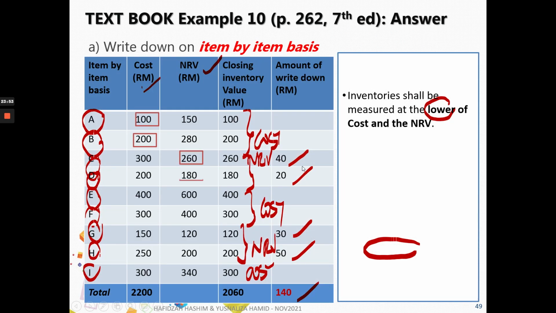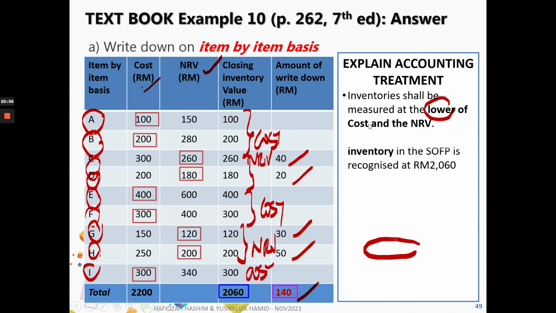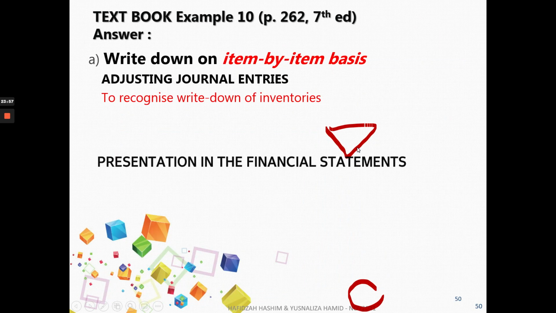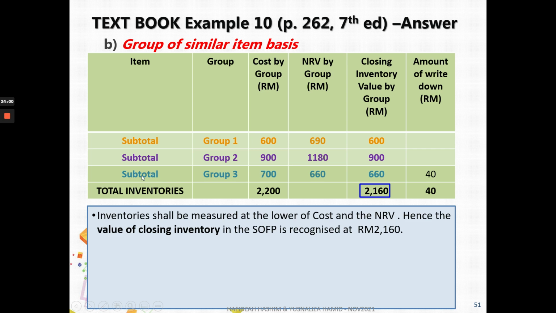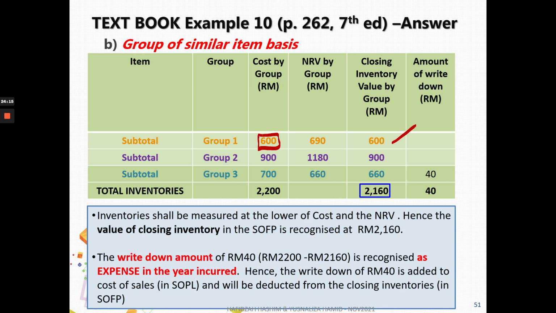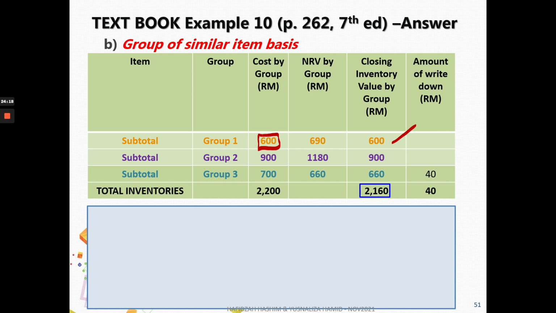After you have done that, we are going to compare. You're not going to compare each item, but you're going to compare each group. So subtotal of group 1 is 600, right? 600 on cost, but NRV is 690. So 600 will be the closing inventory. The subtotal of group 2, the cost is 900. The NRV is 1180.